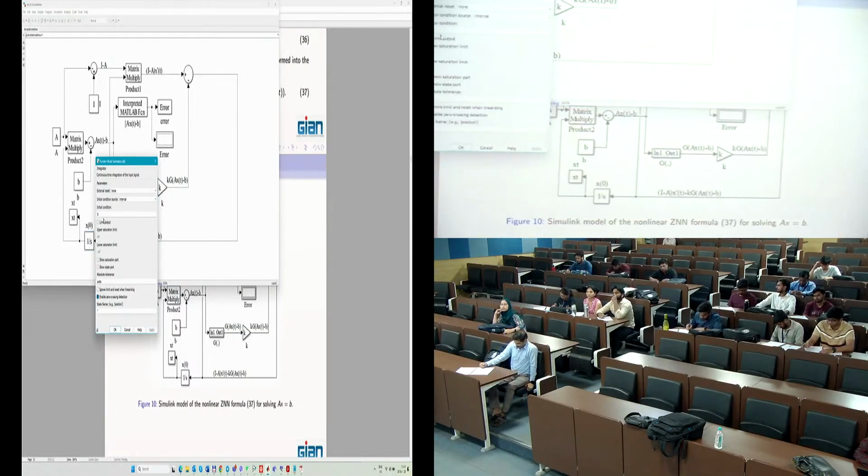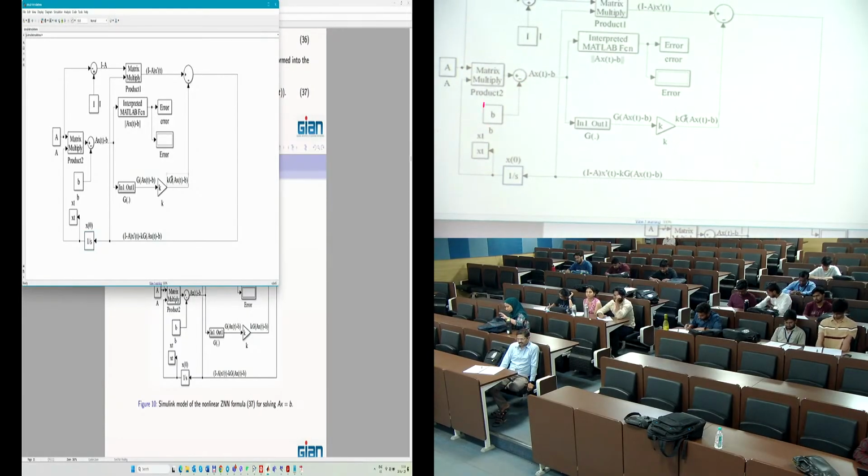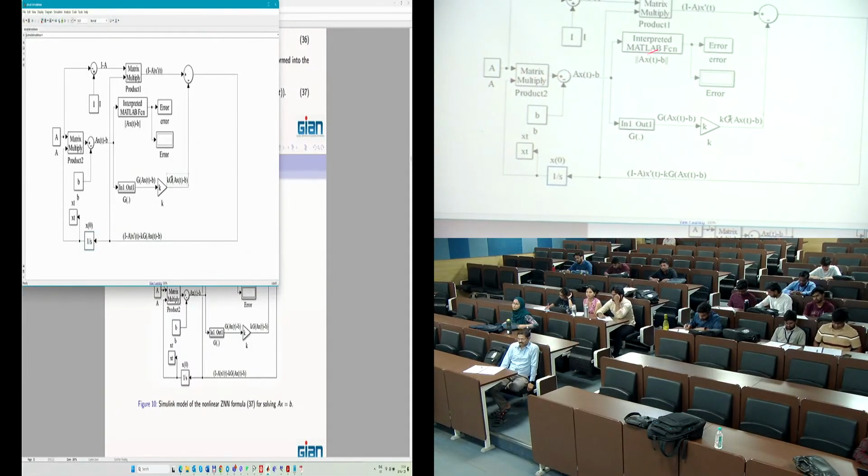Initial condition is the initial time moment, t equals 0. We need the value x of 0, because we didn't make computations in the right part of this Simulink model. It is the initial state when we just started computation, and we will need the initial value from here.